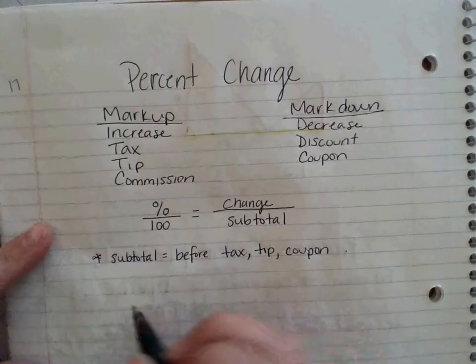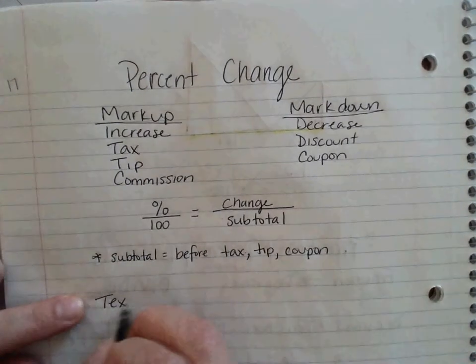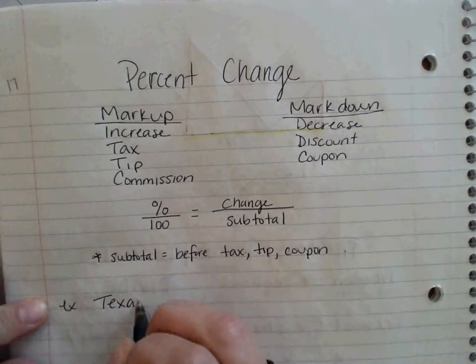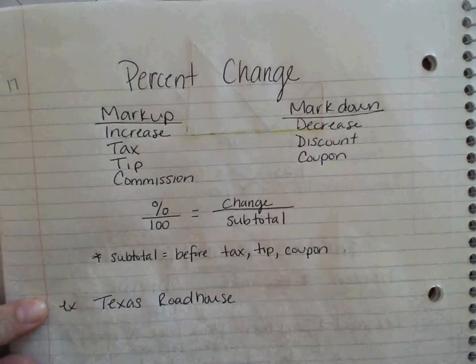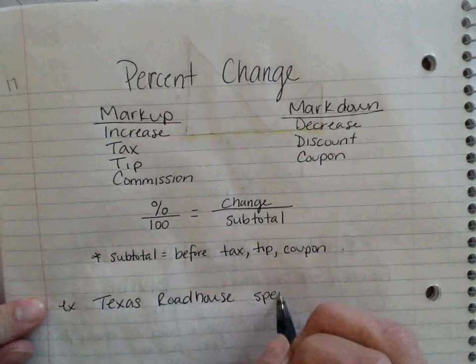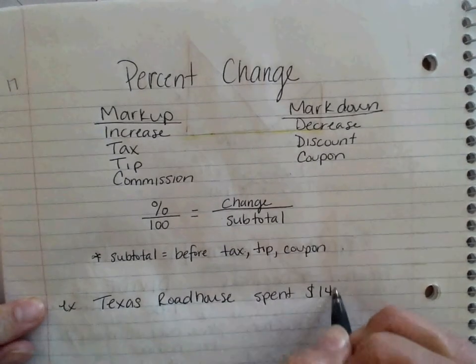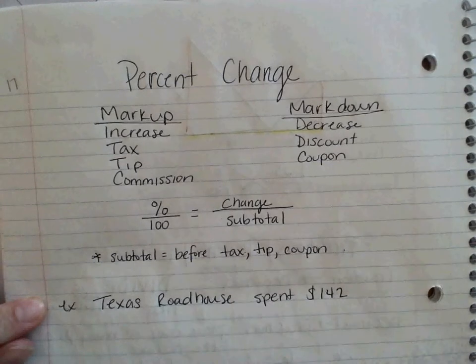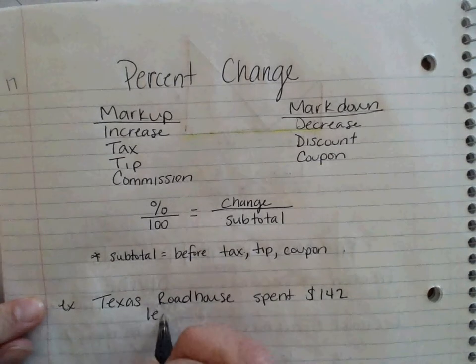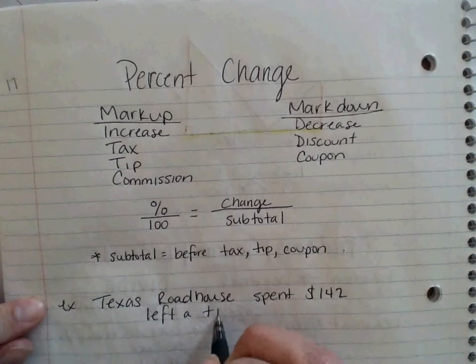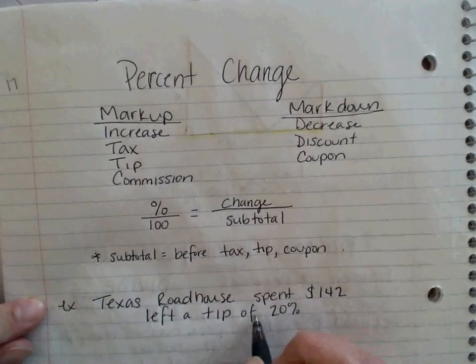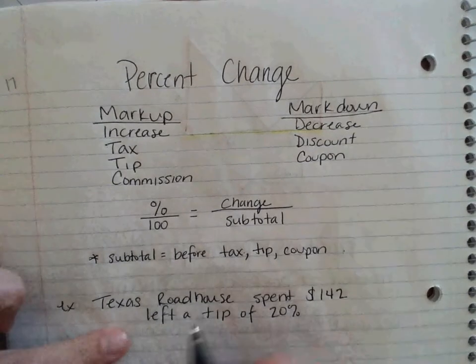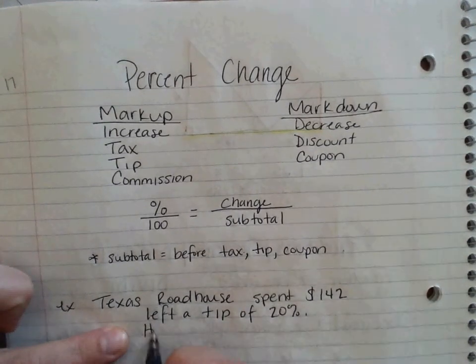So if I tell you that I went to Texas Roadhouse and I say that I spent $142 and I left a tip of 20%, I want to know how much was that in money.